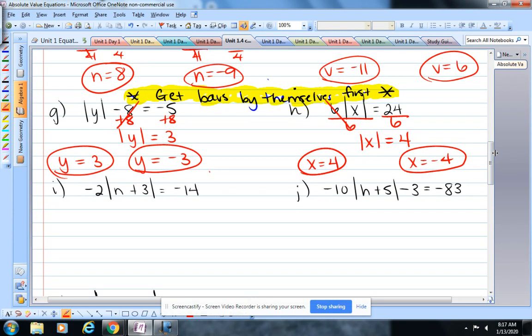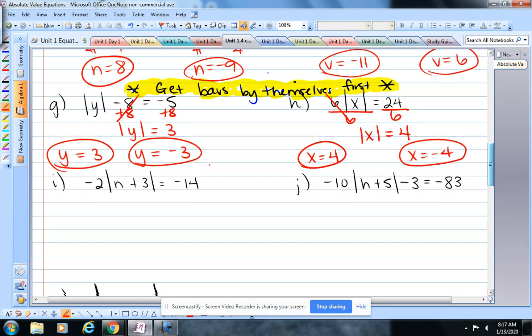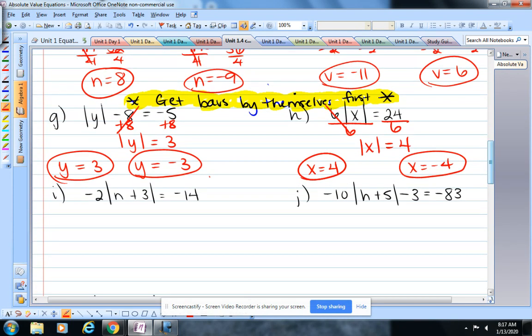Look at I. Oh, I is basically like number H was. They're looking more complicated. So, are the bars by themselves right here? Not yet. What's being done to the bars? Don't even look in the bars yet.